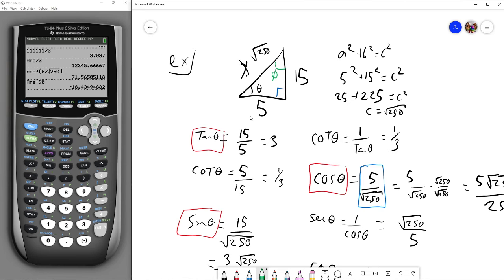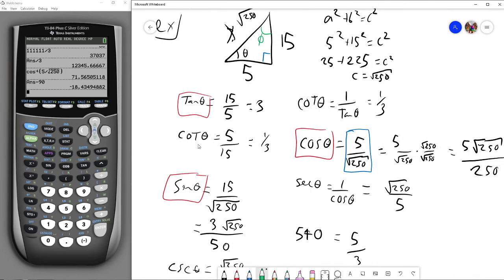So it doesn't matter if you're given one angle and one side or just two sides. In either case, that much information is sufficient to find everything else there is to know about that triangle in terms of angle measurements and lengths of those three sides, as we kind of saw here.